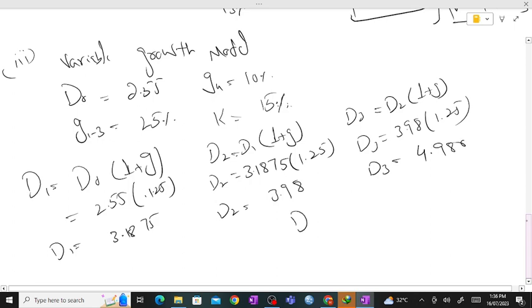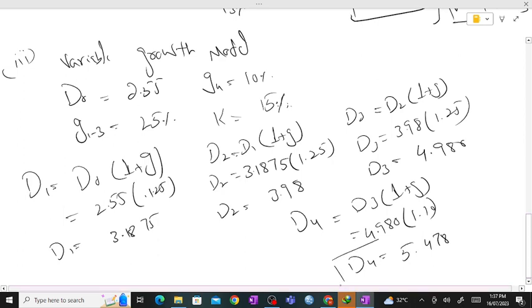Come on to D4. D4 is D3 (1 plus g). D3 is 4.980, however here the growth has changed to 10%, so 1.10. So D4 we have 5.478. I will let you know why we are calculating the dividends.